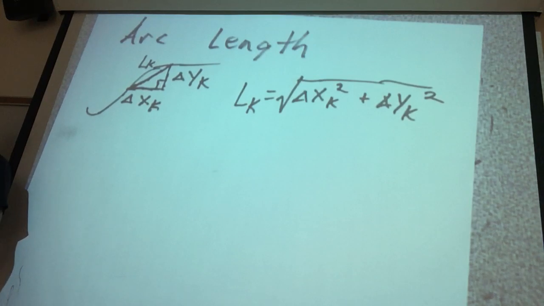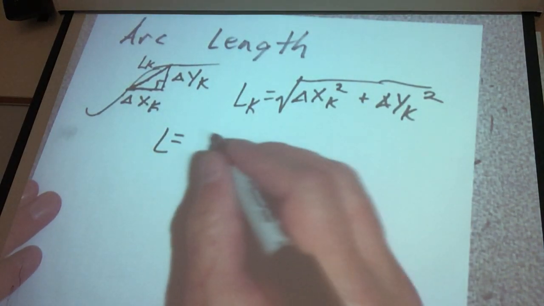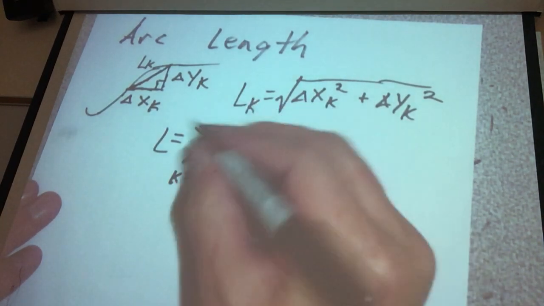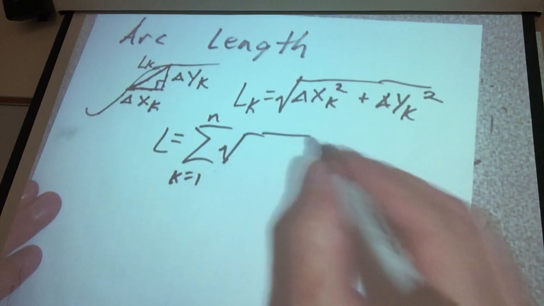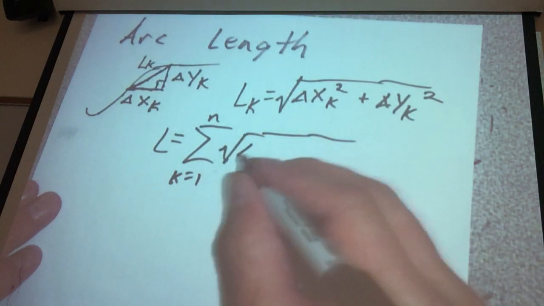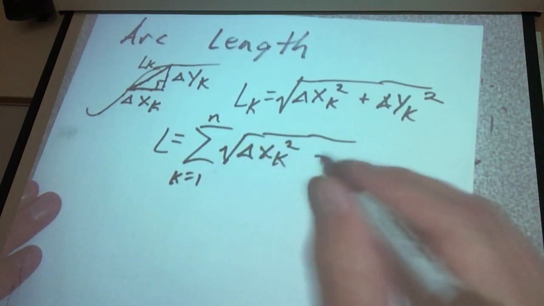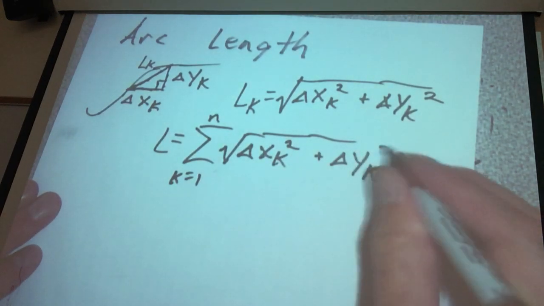Okay, but if we wanted to add up all of our approximations of the curve, L would equal the sum, k equals 1 to n of all those little segments. So the square root of delta x sub k squared plus delta y sub k squared.